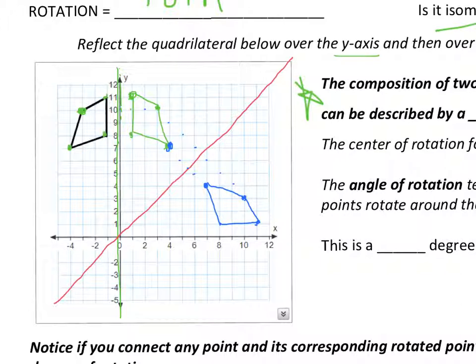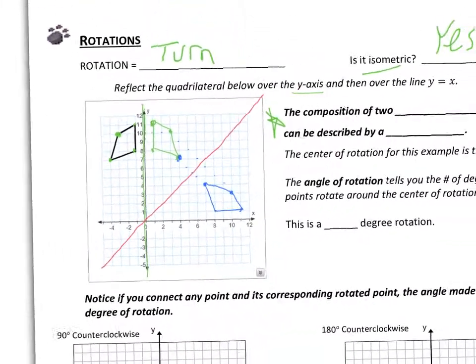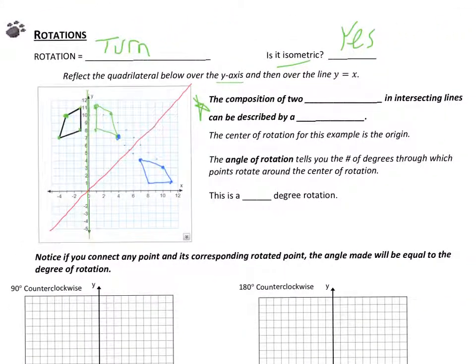So that reflection, we've done 2 reflections over intersecting lines. So the definition here: the composition of 2 reflections in intersecting lines can be described by a rotation.